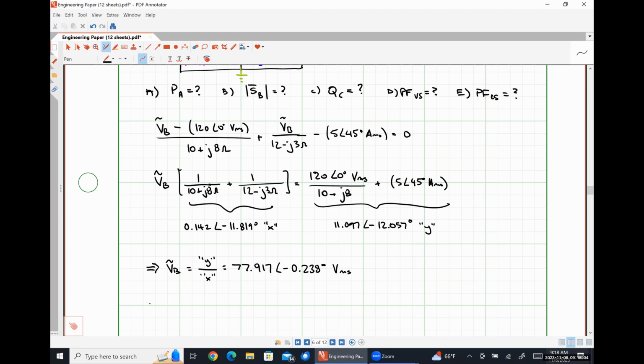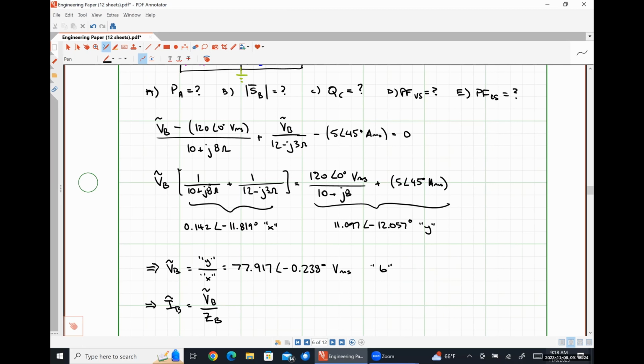So from here, I could say that IB is just VB over ZB. By the way, I'm storing that as B in my calculator.